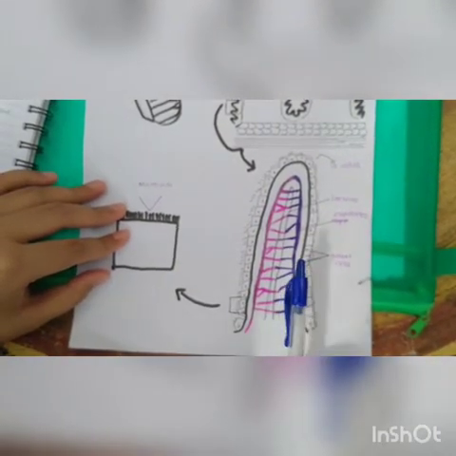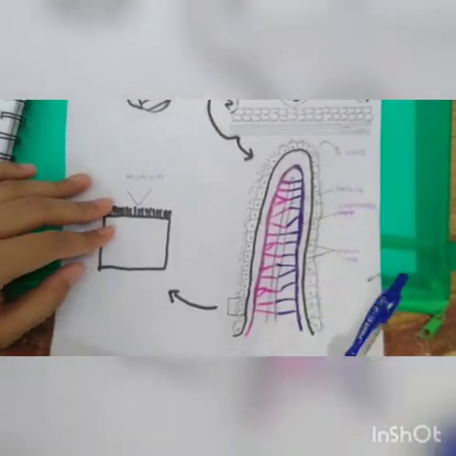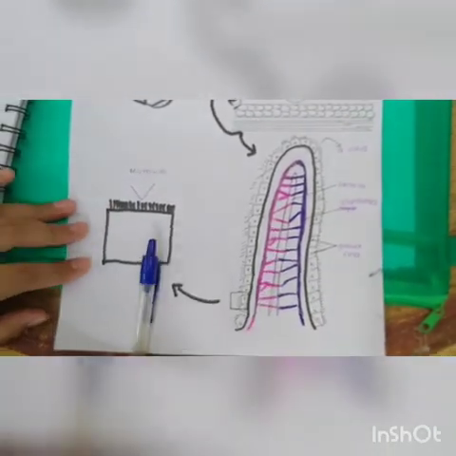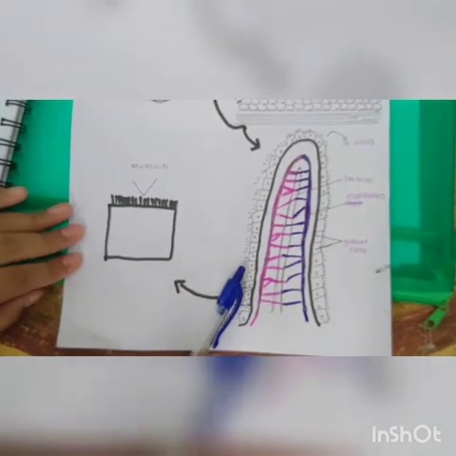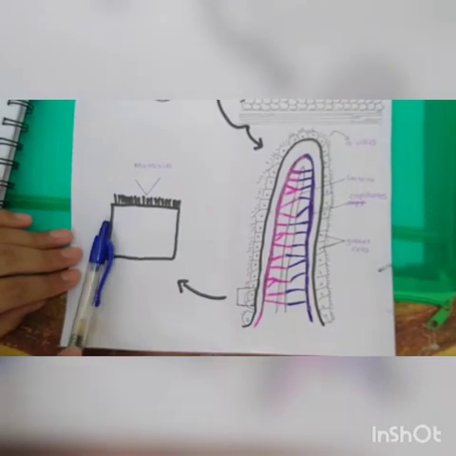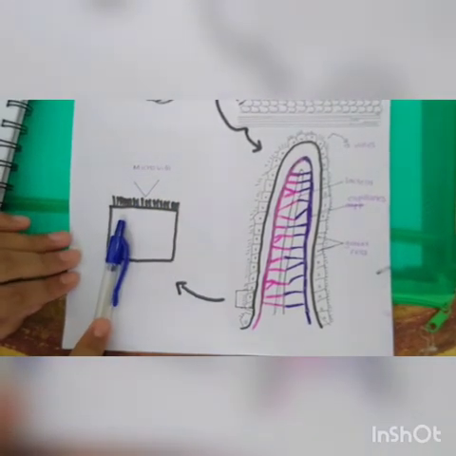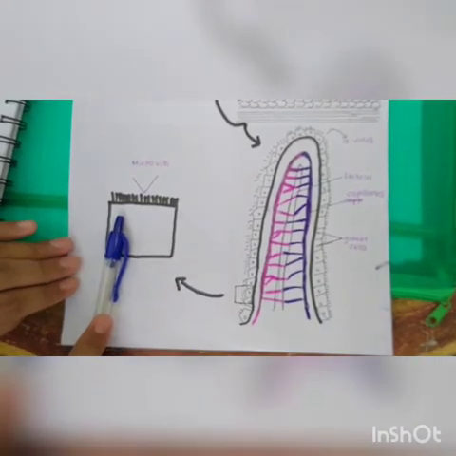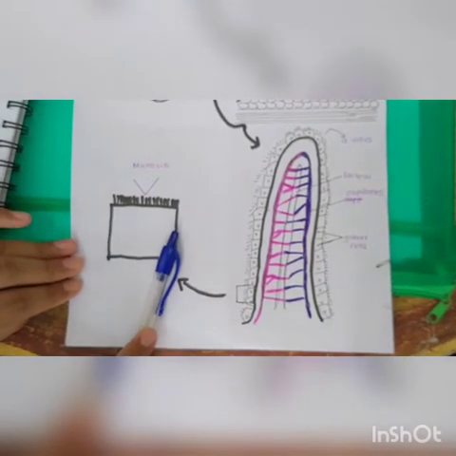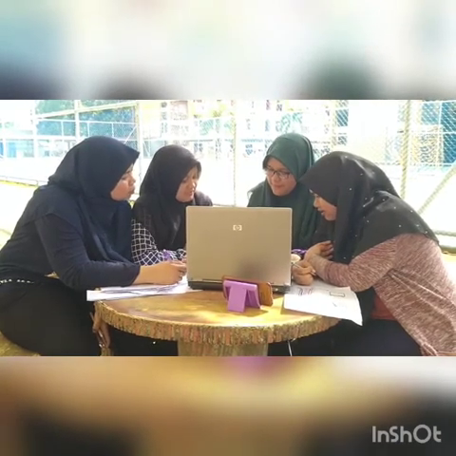There are a lacteal, capillaries, and goblet cells, and each villus is covered with even smaller projections called microvilli. Microvilli provide an absorptive surface that allows nutrients to pass through, with specific enzymes and pumps for each nutrient.